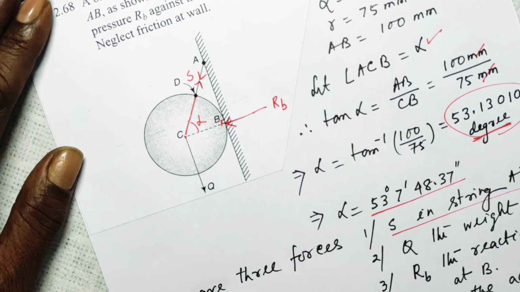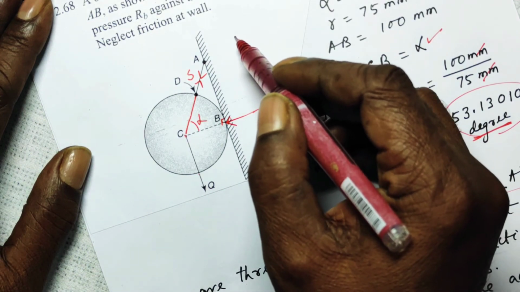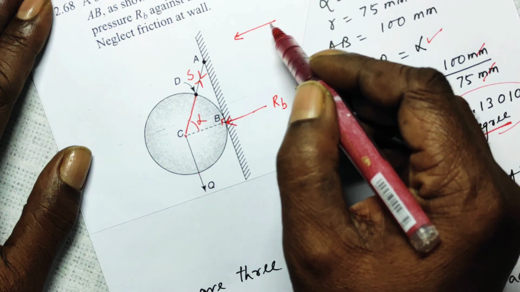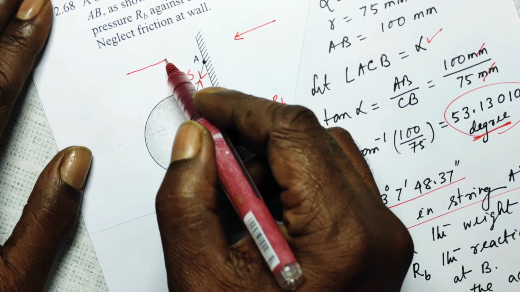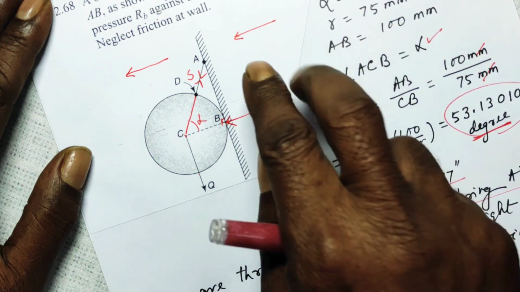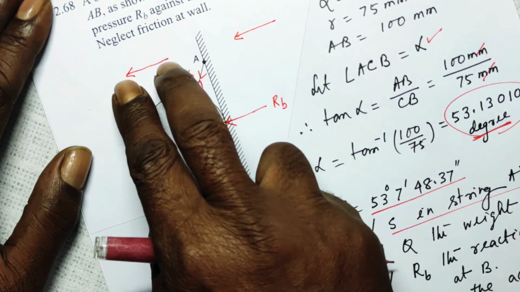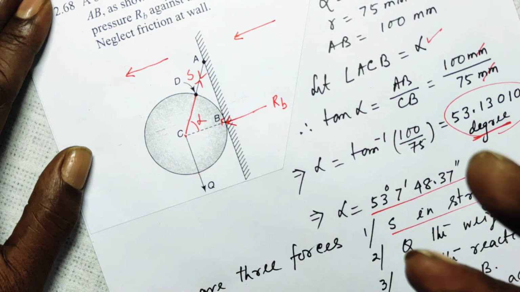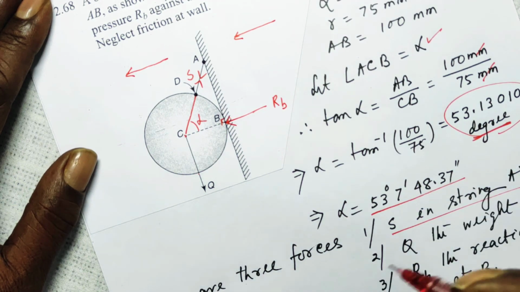And from vector analysis, you know, supposing this is a vector, you can shift it parallelly, means you can shift it from here to here, as long as you don't change the magnitude, which is represented by the length of the arrow, and the direction. So long as you don't change the direction and magnitude, you can shift it.